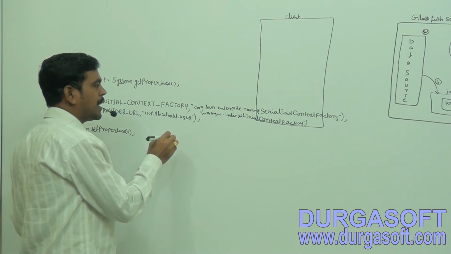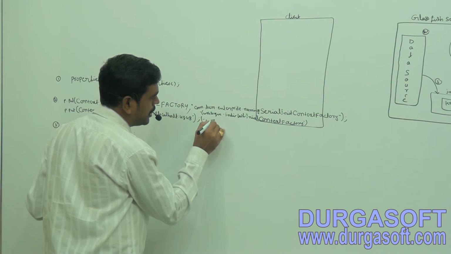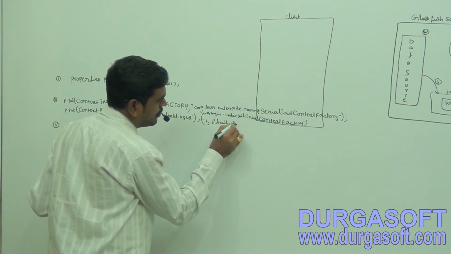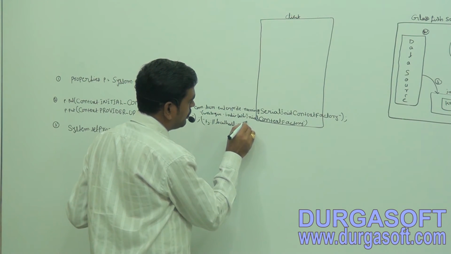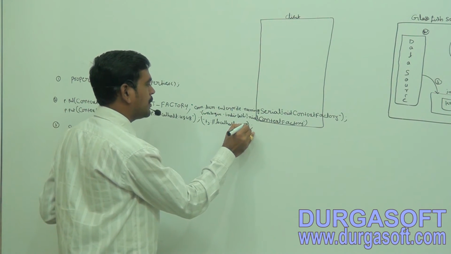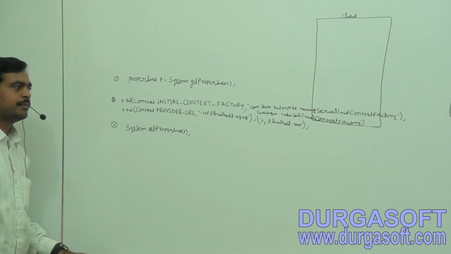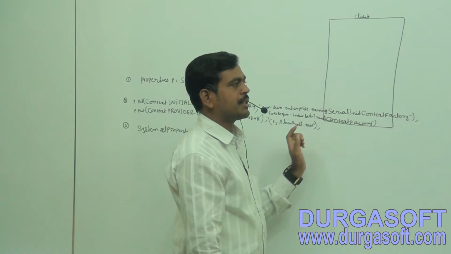Now what is the URL here? t3://localhost:7001. That's enough. Like this, from server to server, these JNDI properties are different.